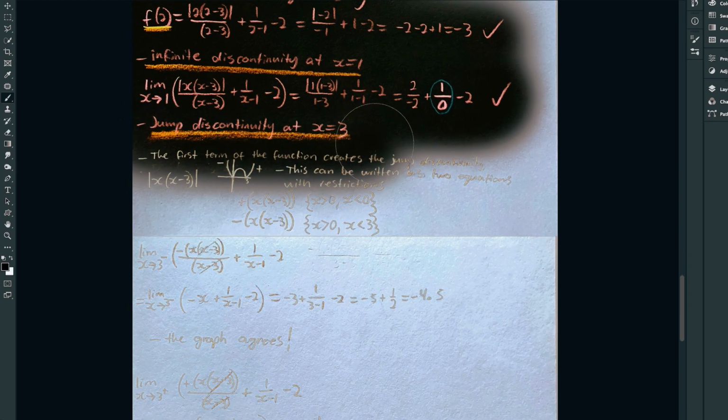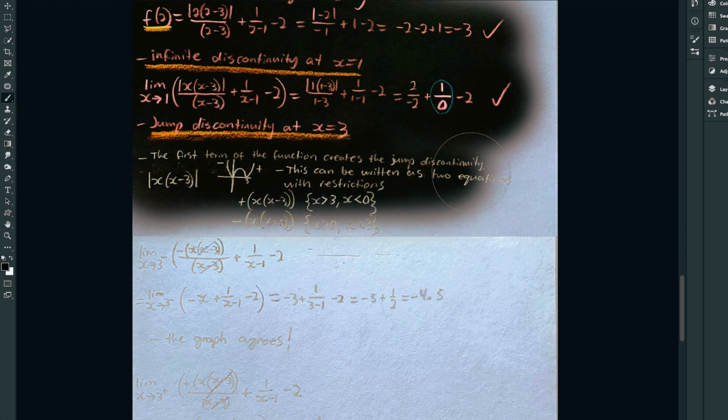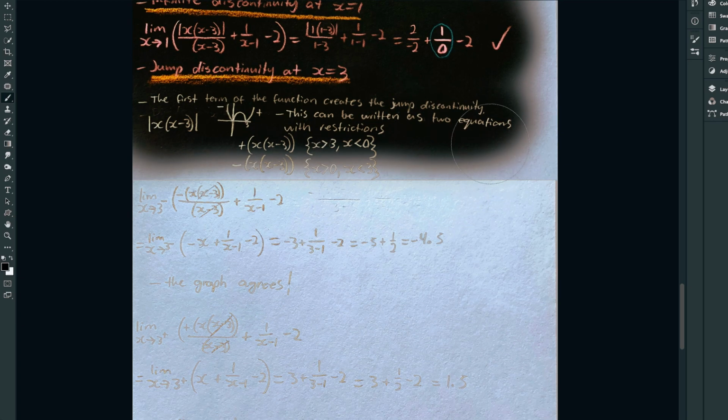Now, jump discontinuity at x equals 3. So to do this, I needed to break up the absolute value part of the function into two different options with restrictions on them, and then solve for the right and left hand limits. So I just made a little graph of what I have in the absolute value symbols. And when you graph it, it looks like a parabola with the middle part inverted.